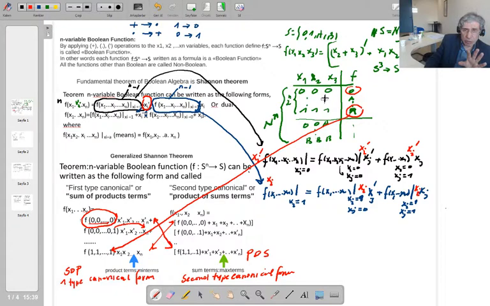For these special coefficients, if you know the function values, then by using this formula you can find the other definition set elements, what the function value is going to be can be calculated by this formula. This Shannon theorem tells us this. So if you know this part of it, if it is a Boolean function, you can find this part. You don't have to put those in. You can calculate it by this formula.